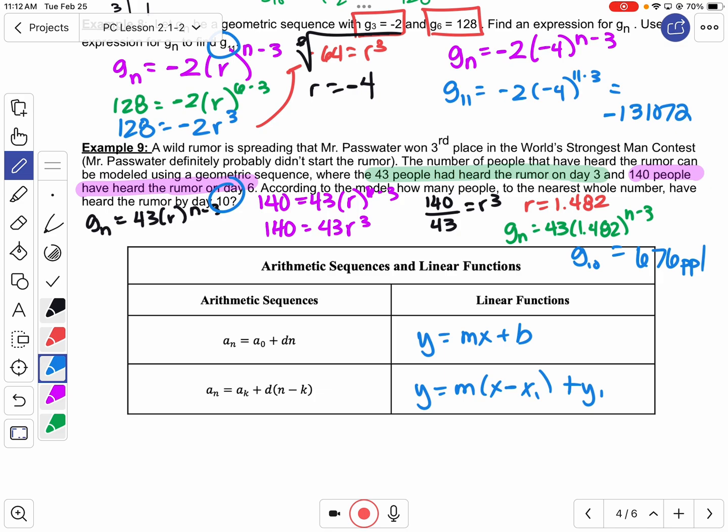So just as a reminder. And then on the next one, we look at the geometric sequences and how they relate to exponential functions. So this is how these look.